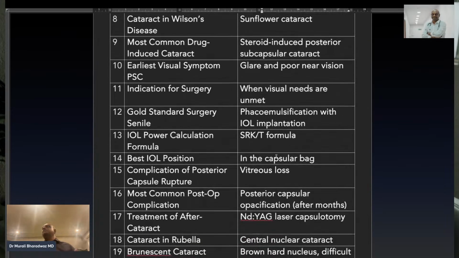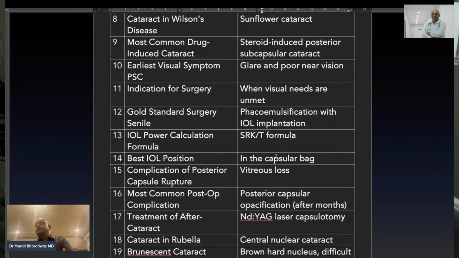What is the earliest visual change in posterior subcapsular cataract? Typically in those taking steroids, glare and poor near vision. Senile nuclear cataract is second sight, and posterior subcapsular is glare and poor near vision.